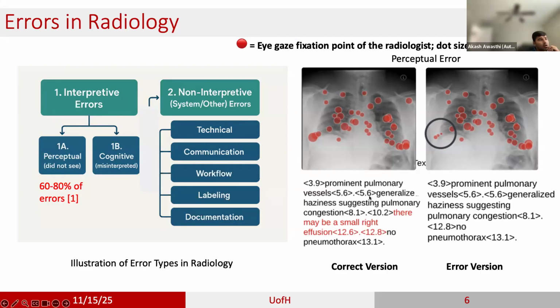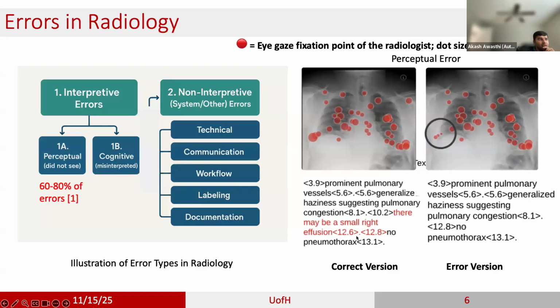So here I show an example of a perceptual error. You can see this CXR image, and I just overlaid the eye gaze fixation points, and this is the report from the student and teacher.